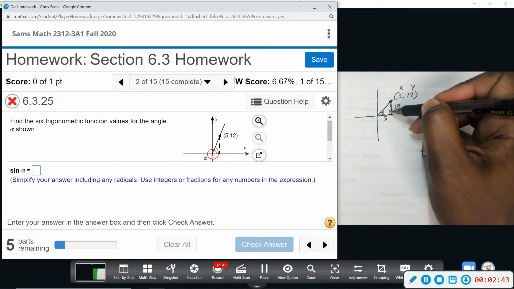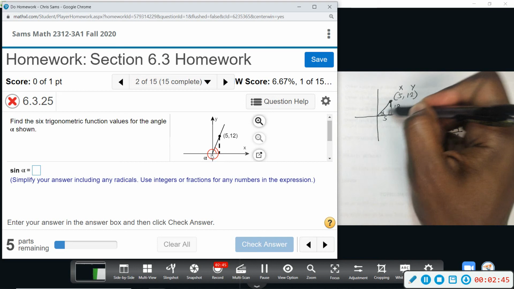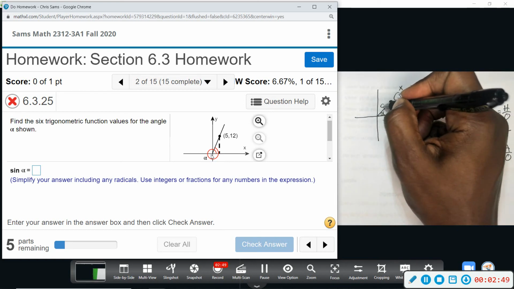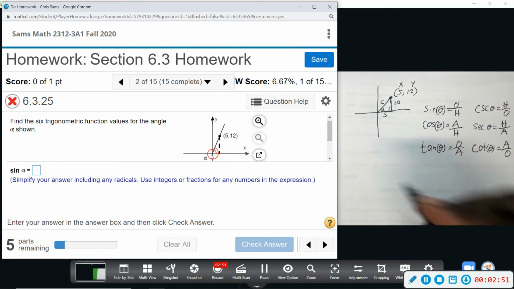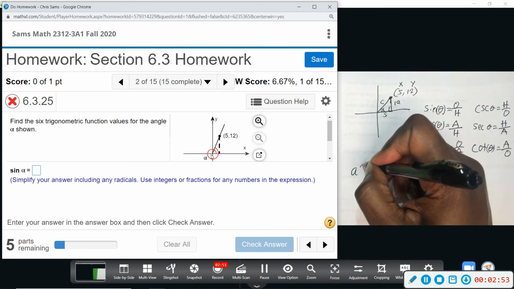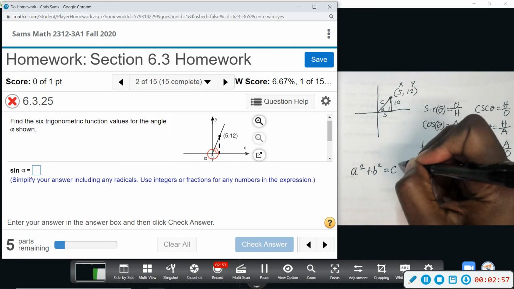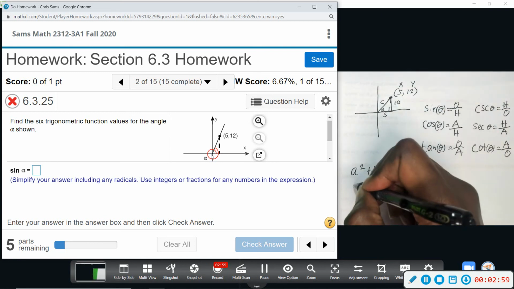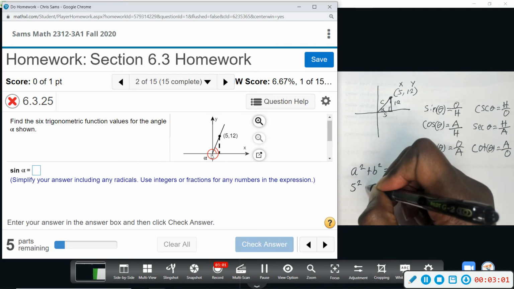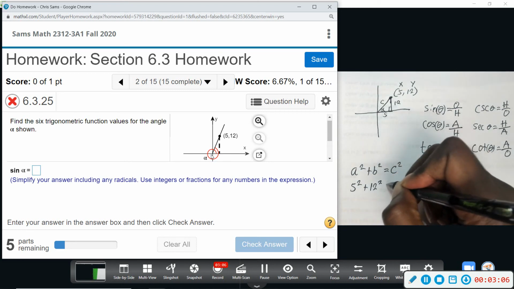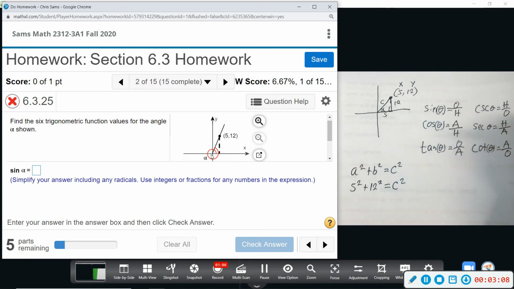This is a right triangle, so we have 2 sides and can use the Pythagorean theorem to find the missing side. The long side is always c. So a squared plus b squared equals c squared, plugging in 5 squared plus 12 squared equals c squared.